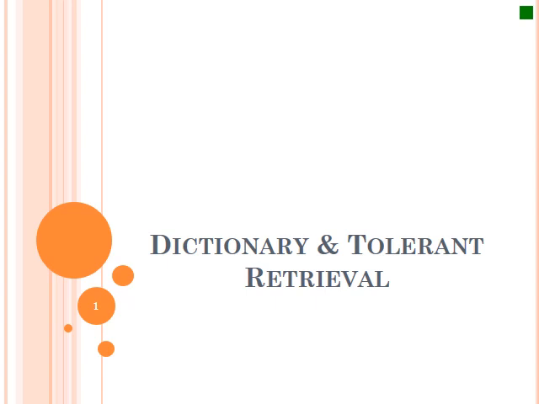In particular, we're going to talk about how to implement the dictionary, and how to do tolerant retrieval. By tolerant retrieval, we mean that you want to retrieve documents which might not exactly match the query, but close to the query. So you want your retrieval to be tolerant to errors or noises, either intentional or unintentional.